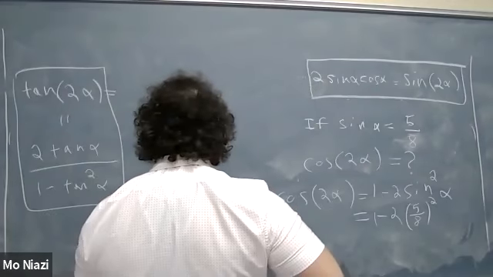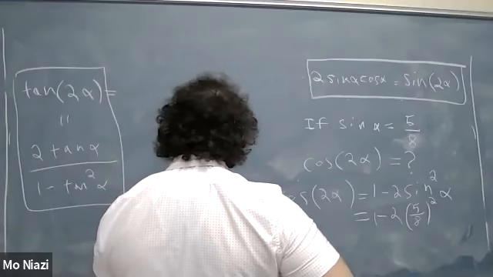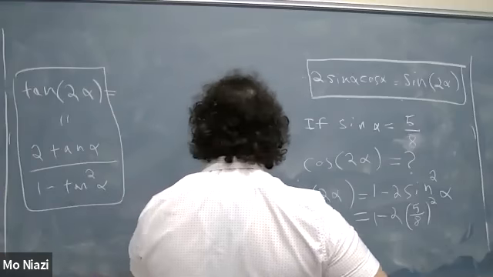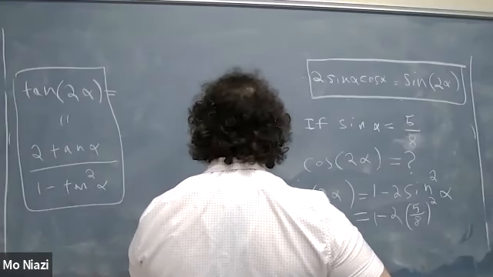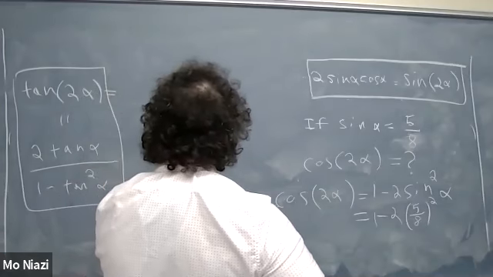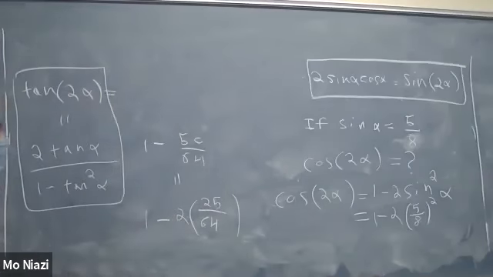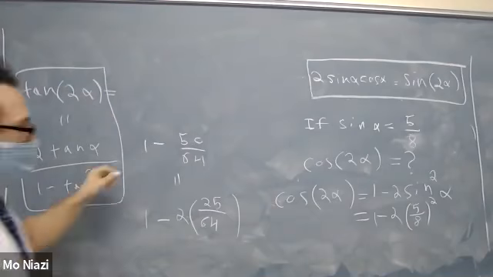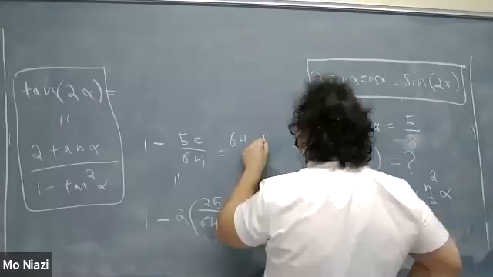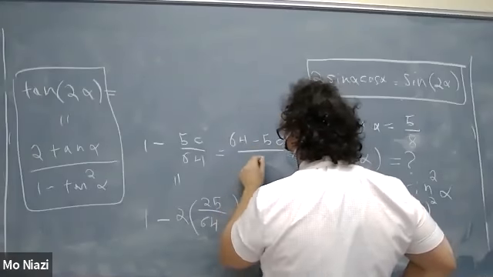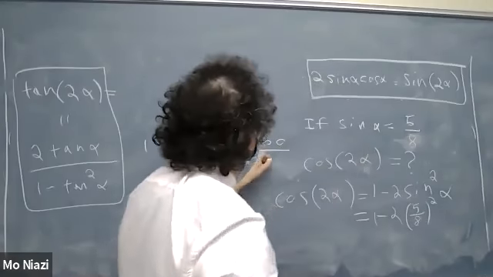So that ends up becoming 1 minus 2 times the quantity 25 divided by 64. And that equals 1 minus 50 divided by 64. And then multiply top and bottom by 64 here. I get 64 minus 50 divided by 64.